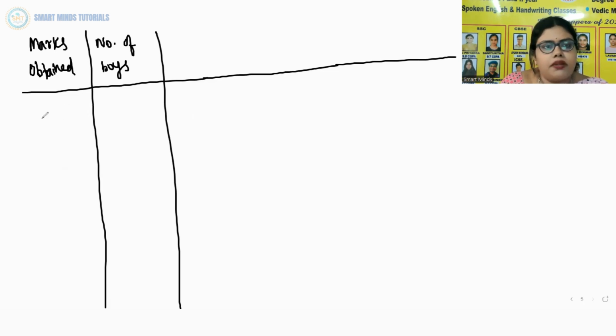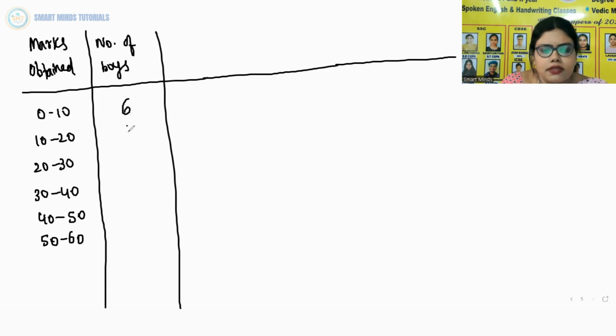Marks obtained is 0 to 10, 10 to 20, 20 to 30, 30 to 40, 40 to 50, 50 to 60. Number of boys is 6, 8, 14, 16, 4, 2.